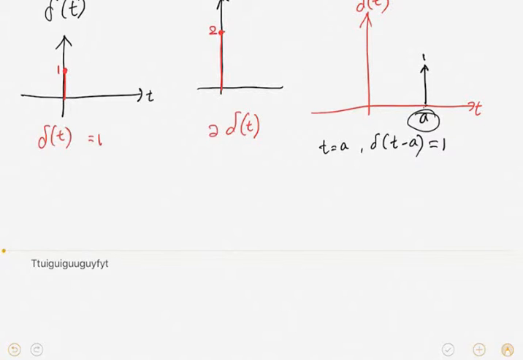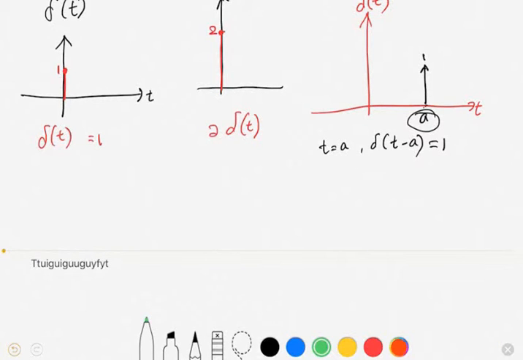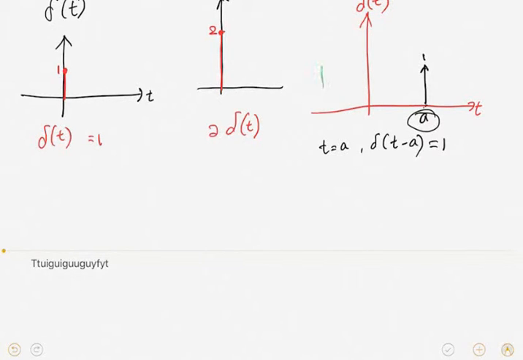Let's say you have the delta t at the left hand side. This is 2, for example. I make it longer. This is 2. So this is minus a. For t equal to minus a, this delta t plus a equal to 2. Okay, you understand now?